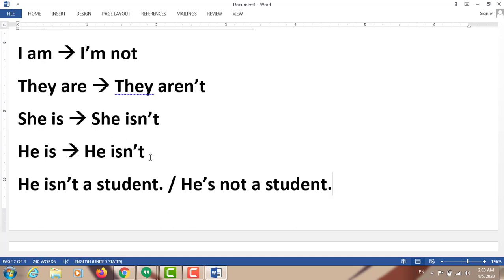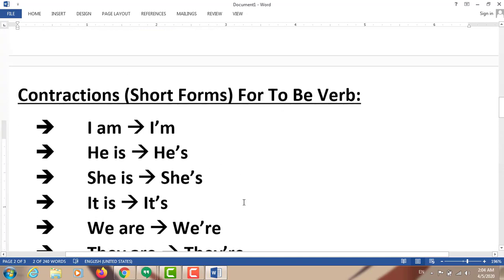Okay, he's not a student. It means these two contractions are possible. It doesn't matter which one you're using. They're both correct.